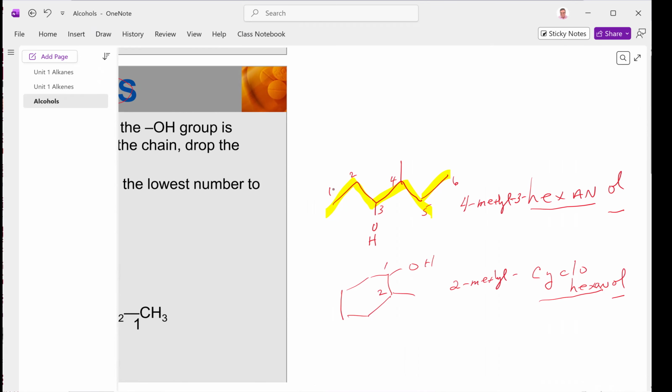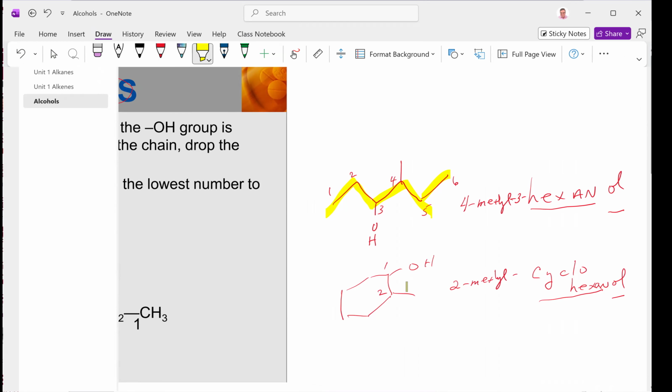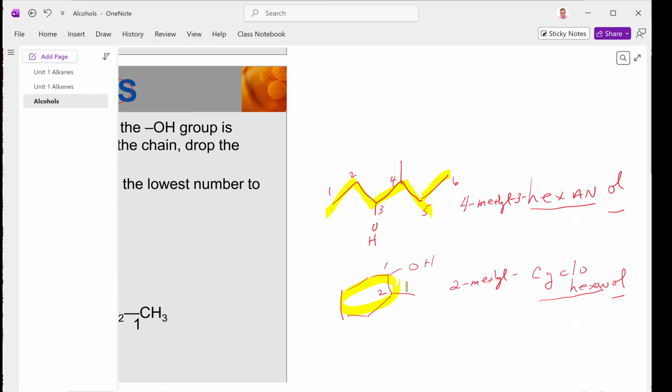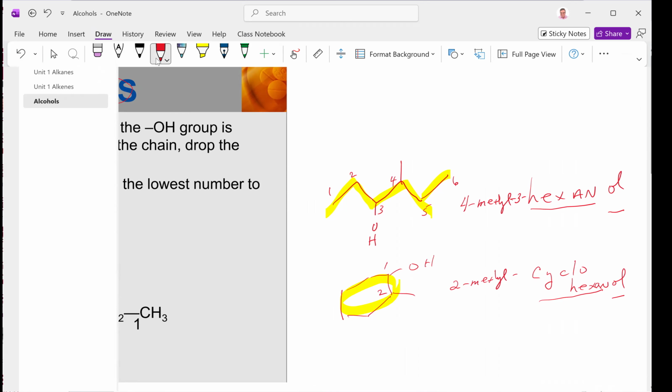On a cyclic, anything, if you've got a functional group attached, that's automatically carbon number 1. Then we can number clockwise or counterclockwise. If we number clockwise, you're going to get the lowest number on the branch. If we go counterclockwise, it's going to be 5-methyl cyclohexanol.